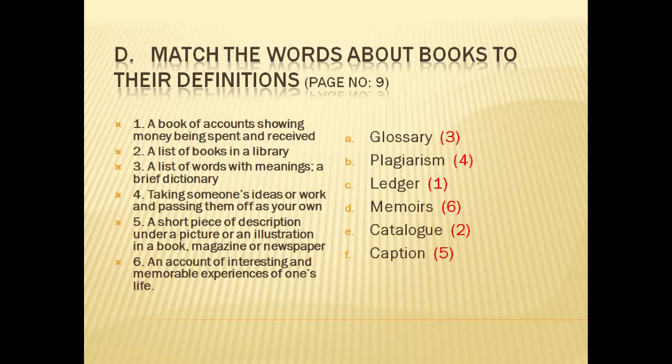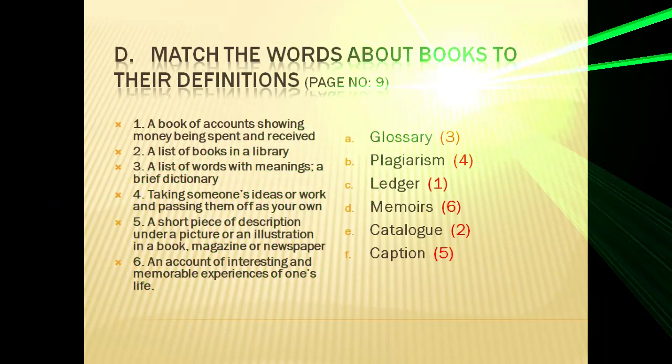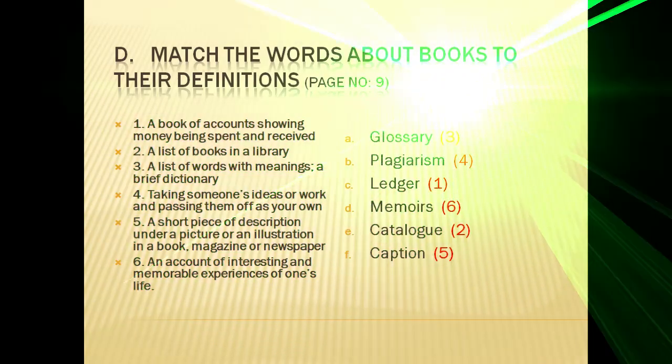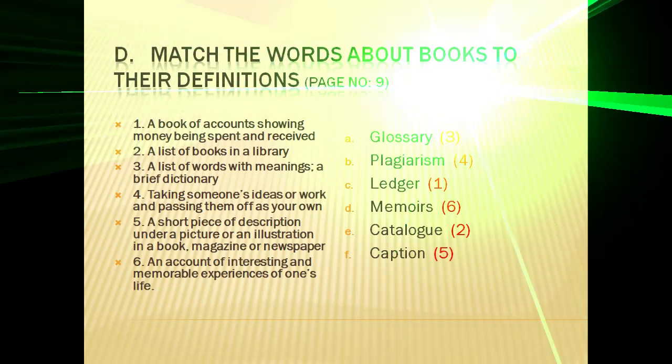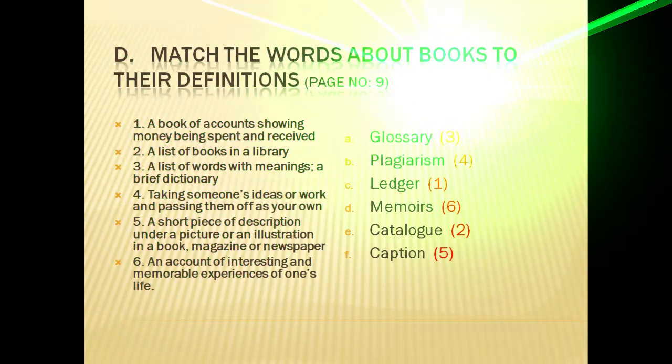Fourth one, taking someone's ideas or work and passing them off as your own, plagiarism. The fifth one, a short piece of description under a picture or an illustration in a book, magazine or newspaper, is caption. The last one is an account of interesting and memorable experiences of one's life, memories.